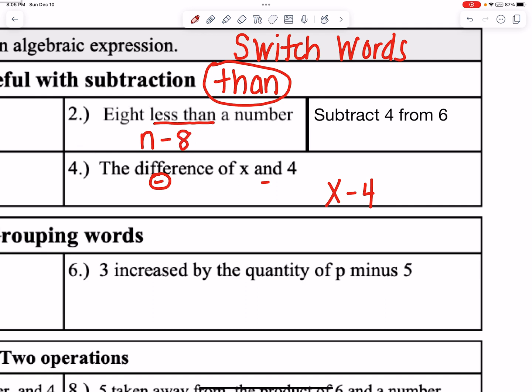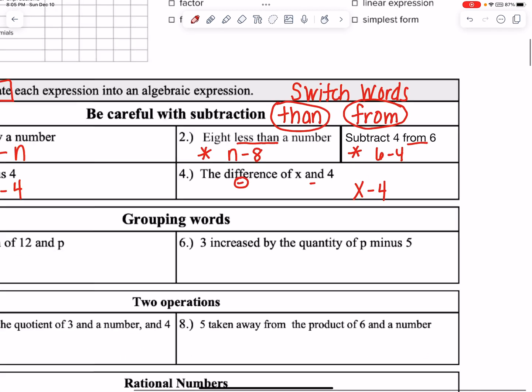If you did it the other way around, it would be starting with 8 and taking n less than that, and that's not what this is. The other switch word is going to be from. So just make note of both of those switch words. So subtract 4 from the original 6. We have 6 minus 4. So those are the two to just pay extra close attention to, less than and from with subtraction.